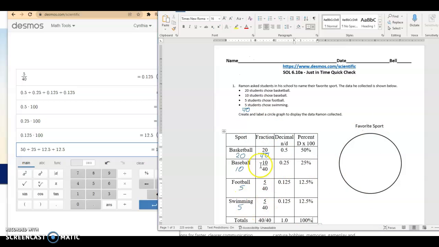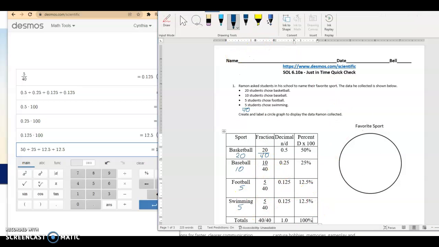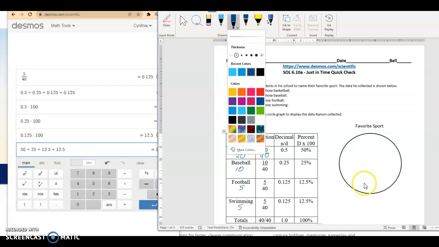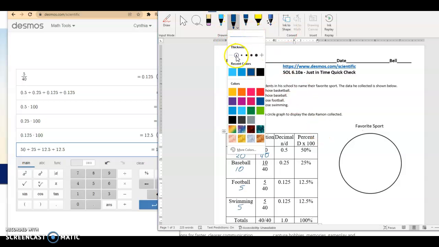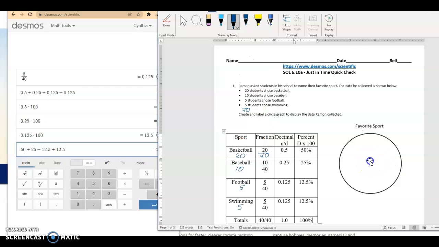Now the easiest thing to do is to draw my circle graph. So the first thing I'm going to do is put a dot right smack in the middle. Yeah, drawing it. There you go.